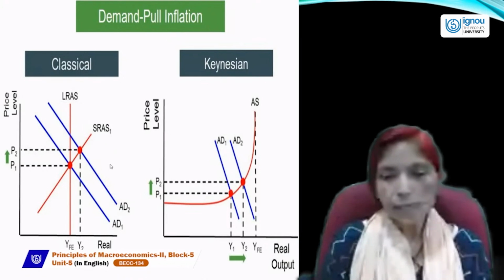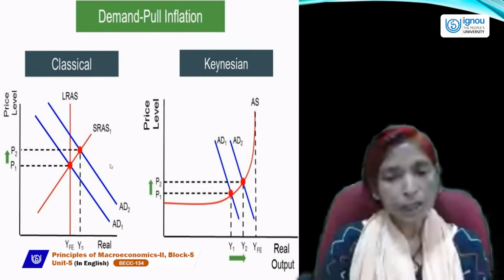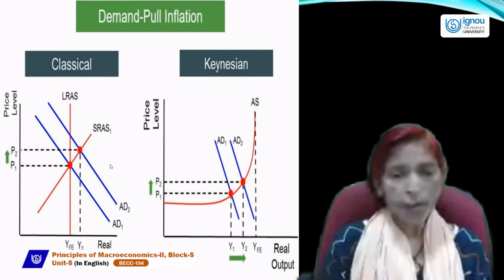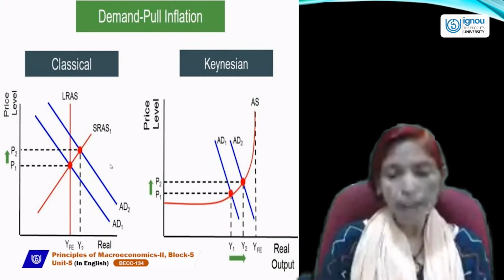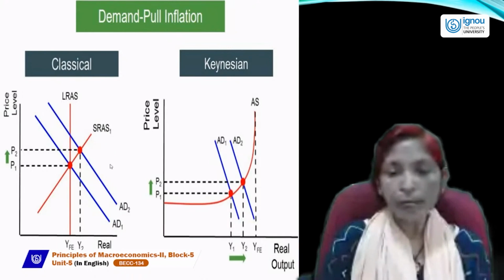And according to Keynes, aggregate supply will initially, in the beginning, be a horizontal curve, or this is the situation of liquidity trap. After that comes the intermediate range, and after that the classical range will start. So here aggregate supply is showing three ranges.